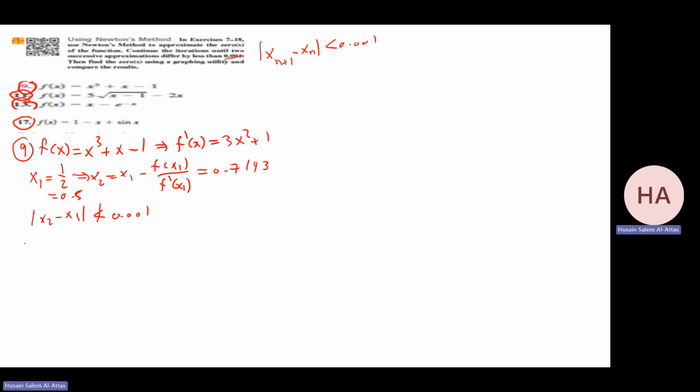So let me do x3. x3 will be what? x2 minus f of x2 over f prime at x2. We did the calculations using the calculator. We get what? 0.32, which does not satisfy this. But if we do x4, we get this. Let me check it.